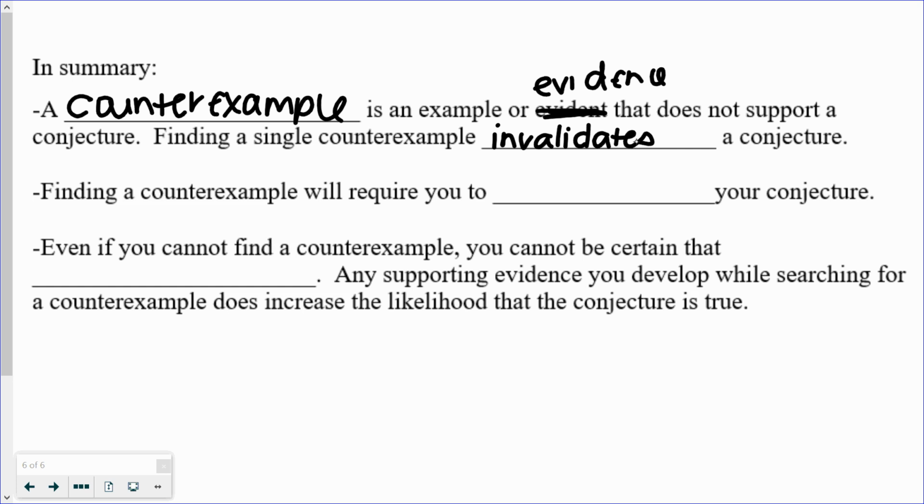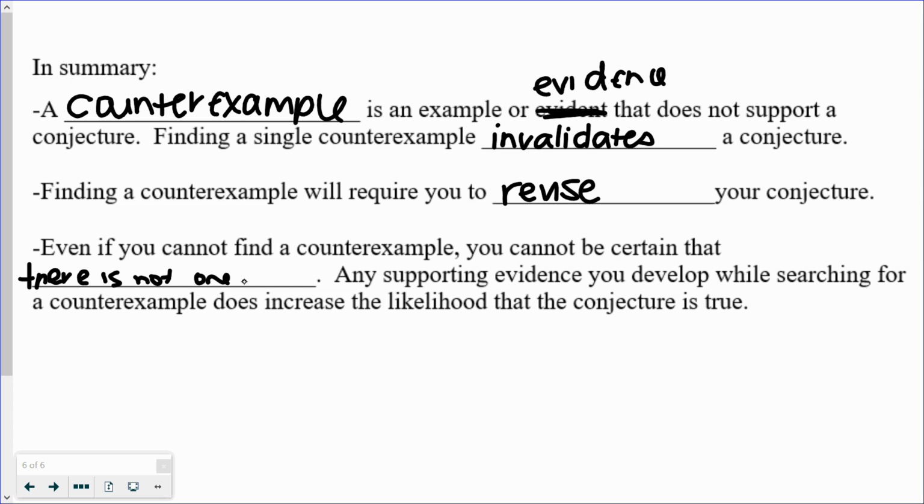So finding a counterexample will require you to revise your conjecture. And even if you cannot find a counterexample, you cannot be absolutely certain that there is not one. Right? If you tried the Fibonacci one and you couldn't find a counterexample, just based on the numbers I had, keep in mind it keeps going.